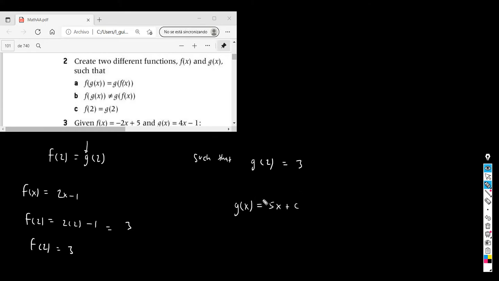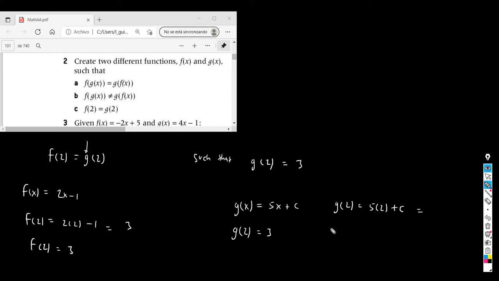If you want this function to have this output of 3 when you evaluate it in 2, then what you're telling me is that when you evaluate in 2, which is equal to 5 times 2 plus c, right?